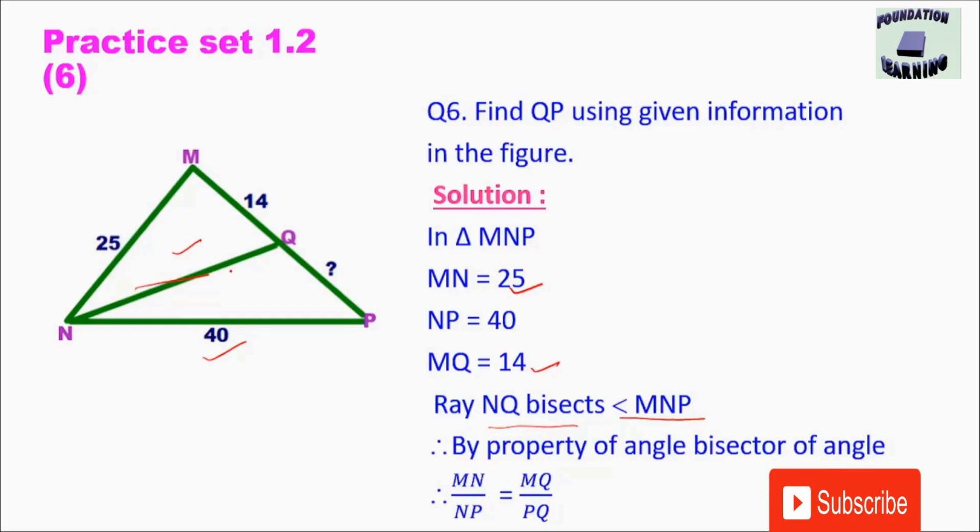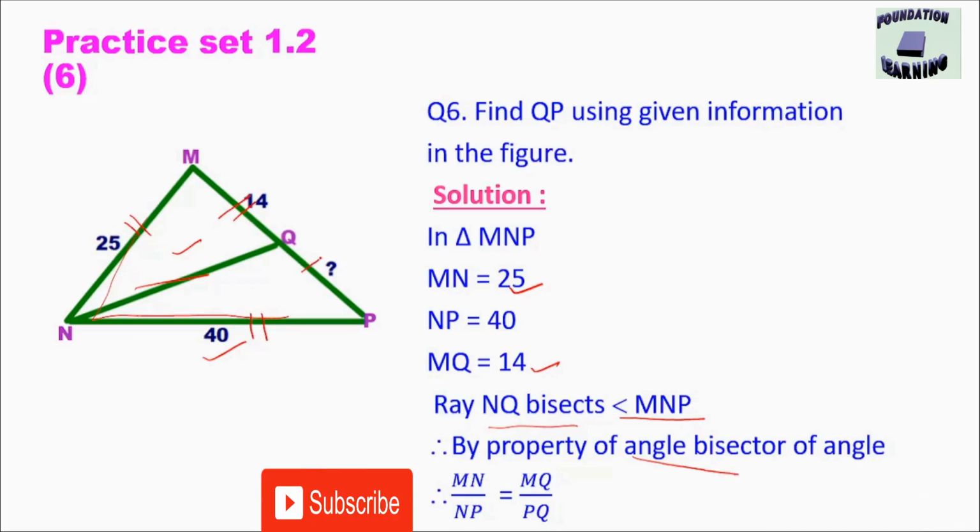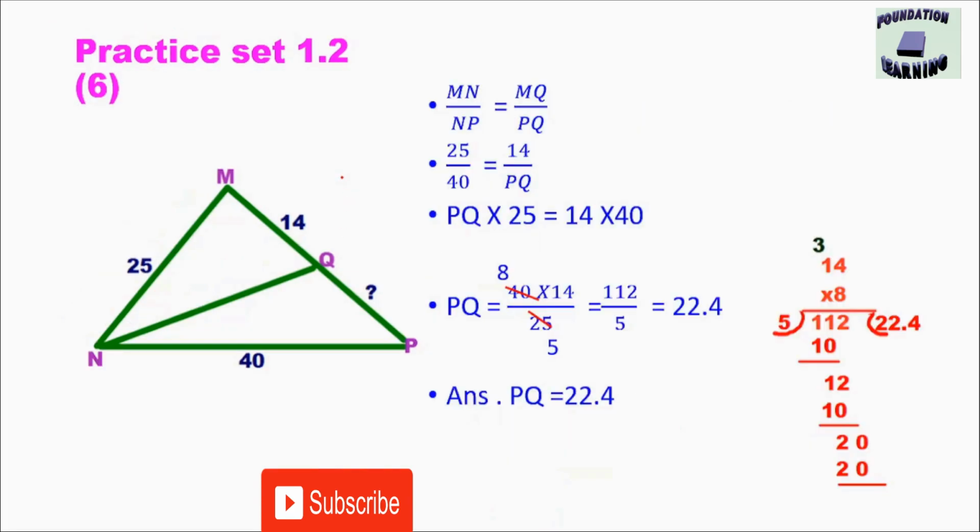Therefore, by the angle bisector property, we have MN is to NP equal to MQ is to QP. Then we substitute the values: MN is 25, NP is 40, MQ is 14, PQ we don't know.